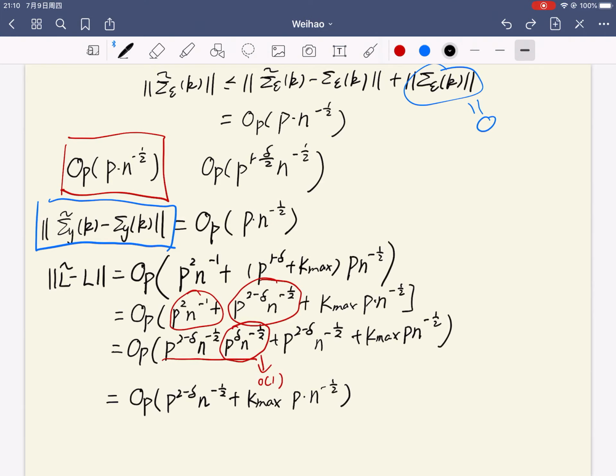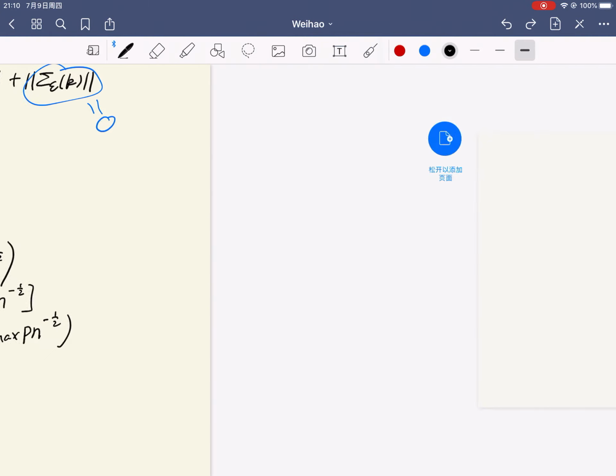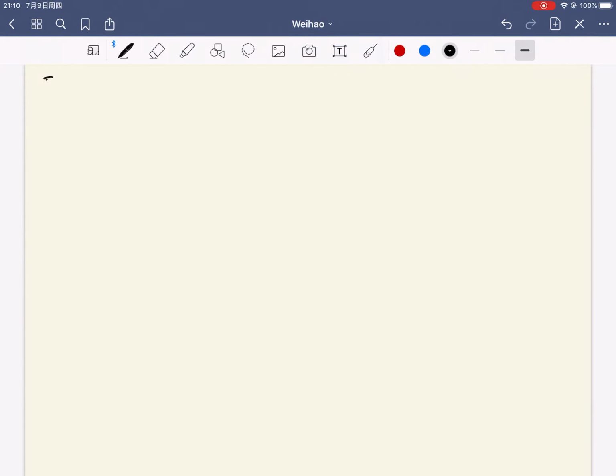Second is strong cross dependence. First case is kappa max is little o of a factor, which means the cross dependence is weak.